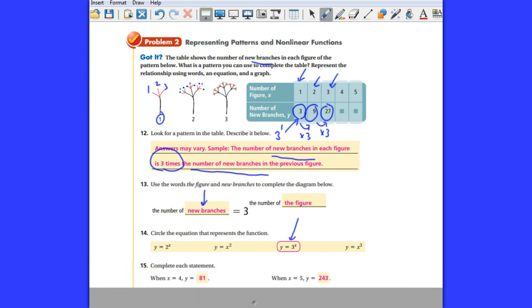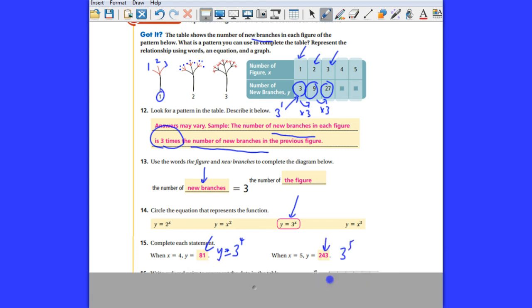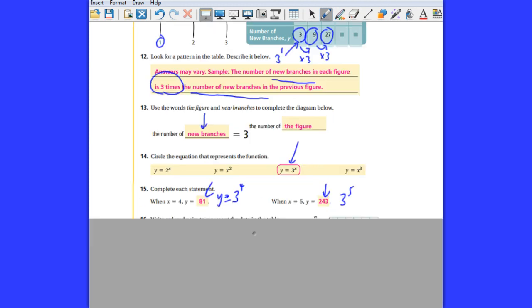So if I asked you to fill in, if x is 4, we could say that y is equal to 3 to the power of 4, which is 81. Okay, this one, y is equal to 3 to the power of 5, which is 243. So that's another way that we could write that function to that problem.